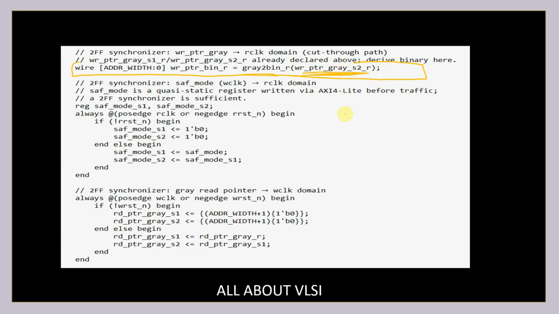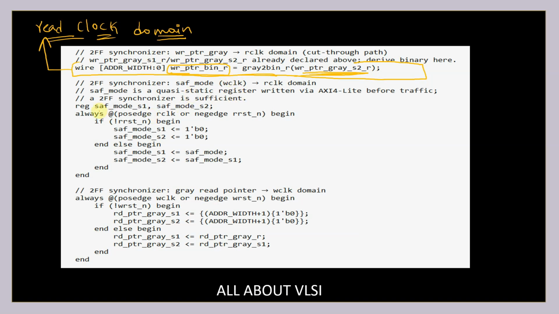I've written it normally, whatever we do for gray to binary, that logic only I've written using XOR gates. And that particular binary pointer is stored in this variable, write_pointer_binary_r. And which clock domain is it performing in? It is being performed in the read clock domain. Because the write pointer is sent from the write clock domain to the read clock domain, and the read clock domain is going to again convert it into binary form.